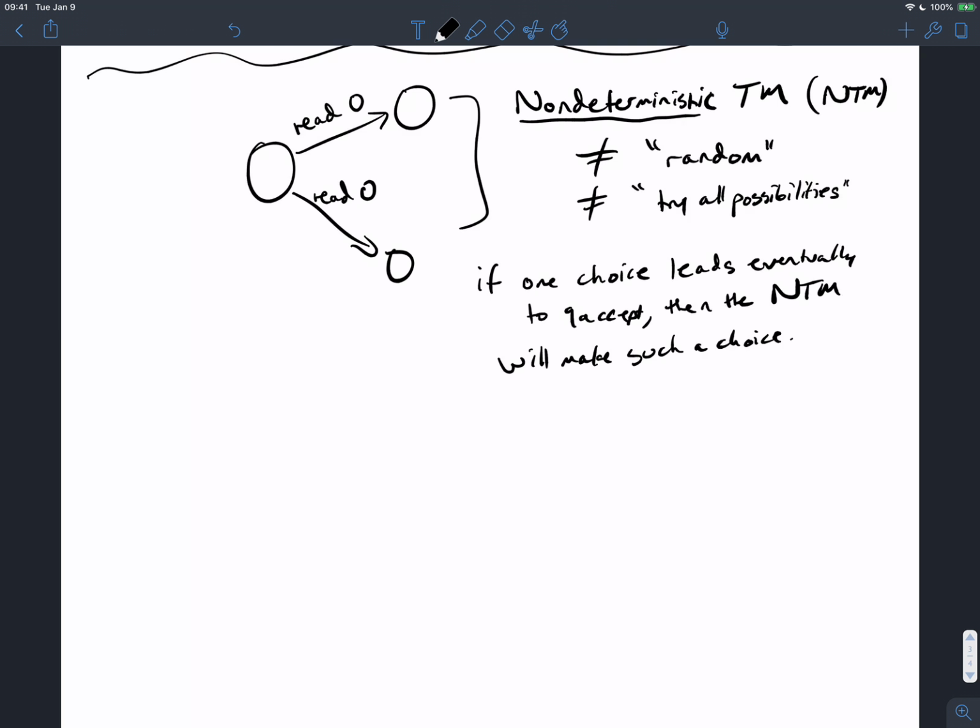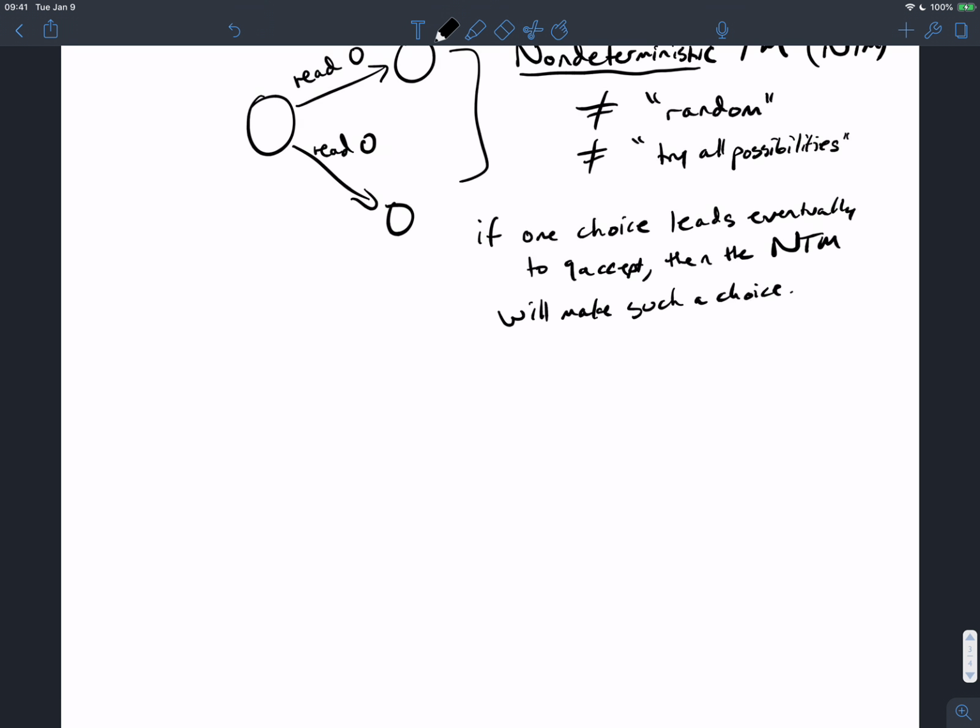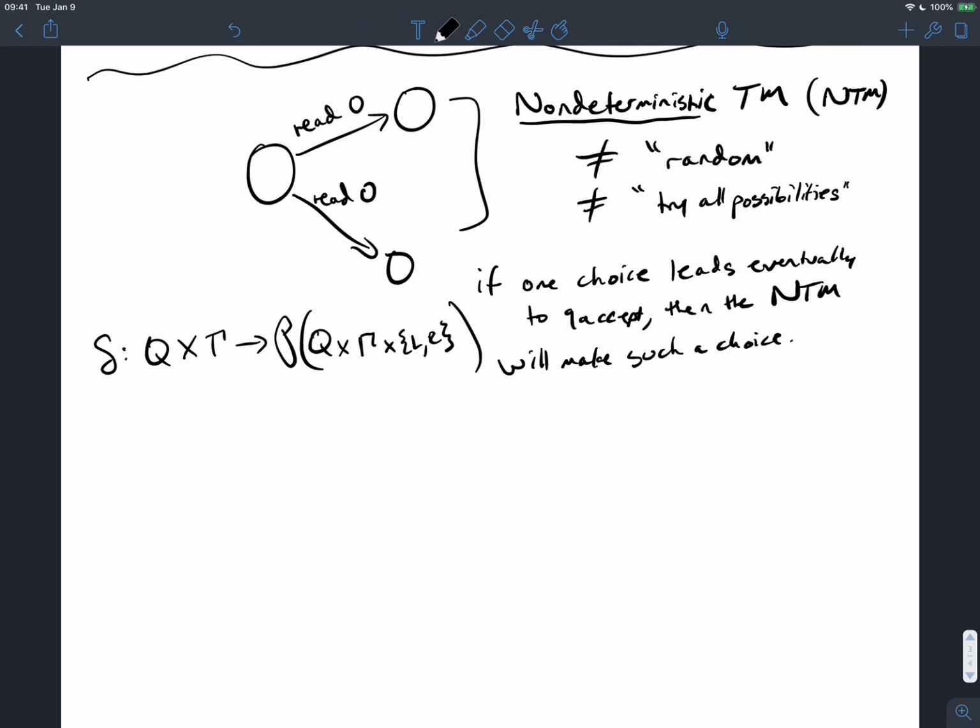Okay, but another formal way of specifying this is the transition function, so we're back to single tapes now. The transition function starts out the same, but instead of having the right-hand side be exactly one choice to make, we're going to have the power set of this be the set of all possible ways of going to another state, writing a symbol, and going left or right.